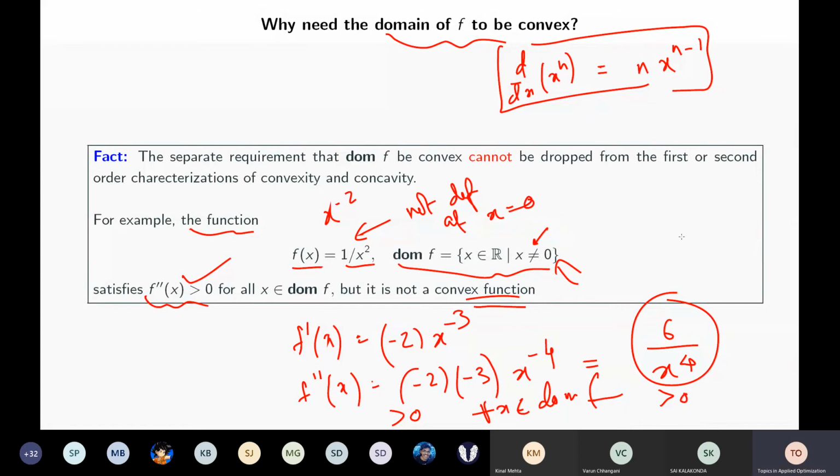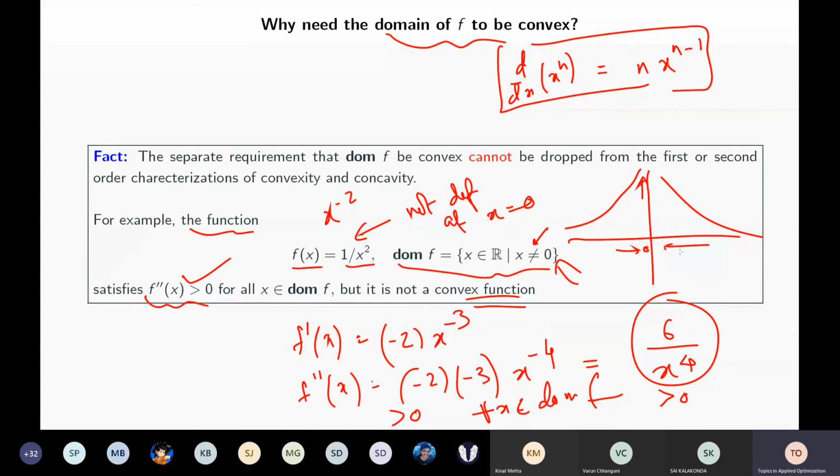How can we guess the plot? Remember that at x equals 0, it is certainly going to infinity. So it is something like this. With x tending to negative infinity, it's going to 0, and x tending to 0 from the negative side it is going to infinity.